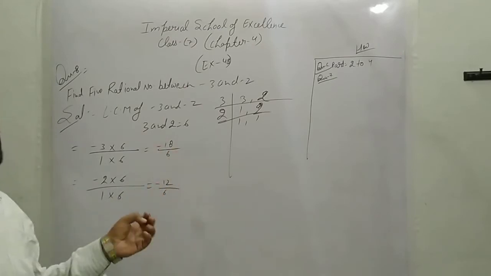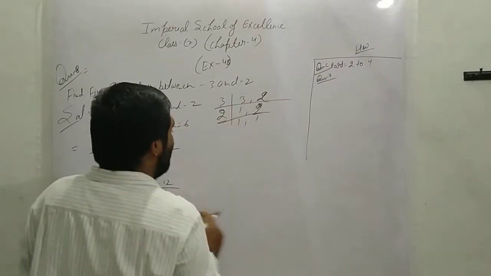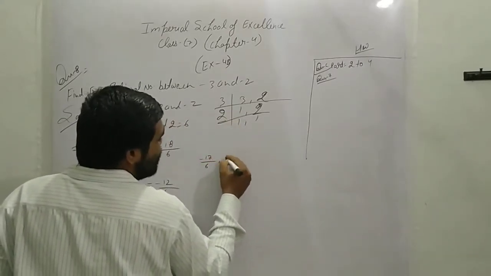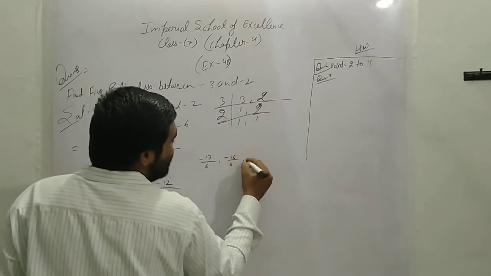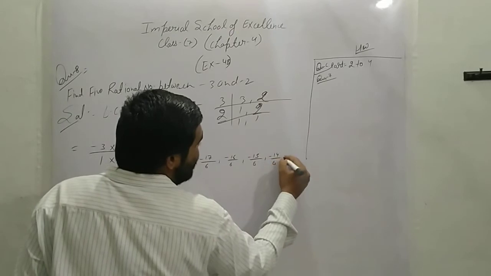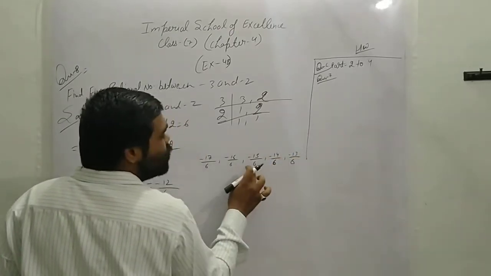Between 18 and 12, whatever numbers come, it means that minus 17 upon 6, minus 16 upon 6, minus 15 upon 6, minus 14 upon 6 and minus 13 upon 6. 1 2 3 4 5.